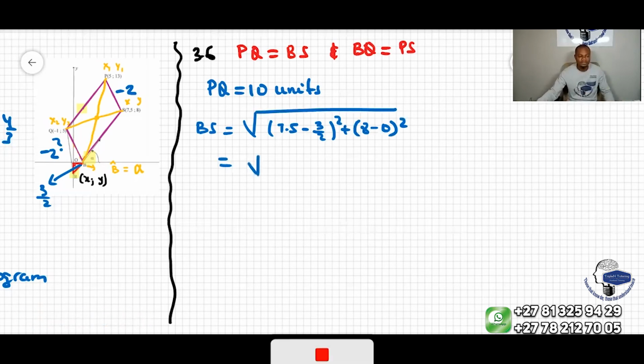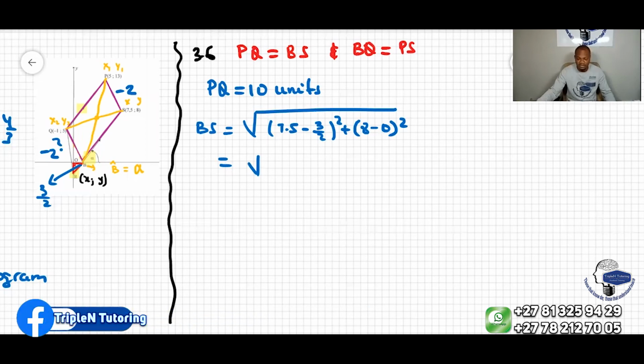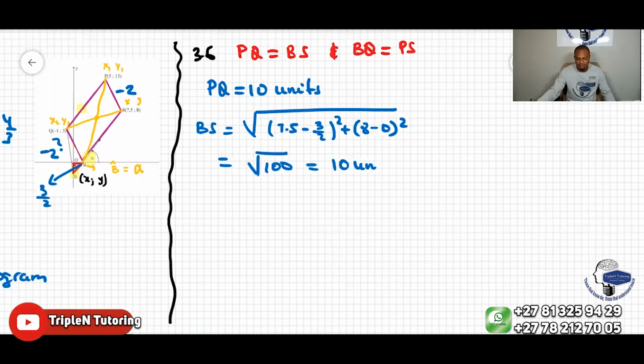If you press this in the calculator, it will be 100 here. This is 10 units.